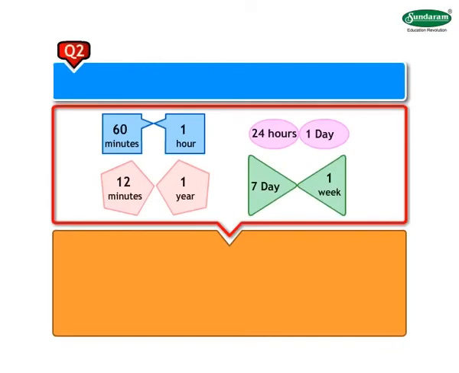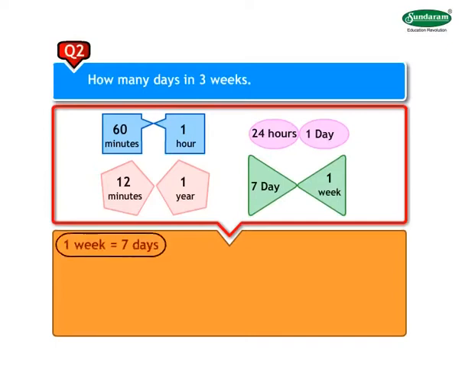Question 2. How many days are there in 3 weeks? We know that 1 week is equal to 7 days. Therefore, 3 weeks is equal to 3 multiplied by 7, which is equal to 21 days. Thus, 3 weeks is equal to 21 days.